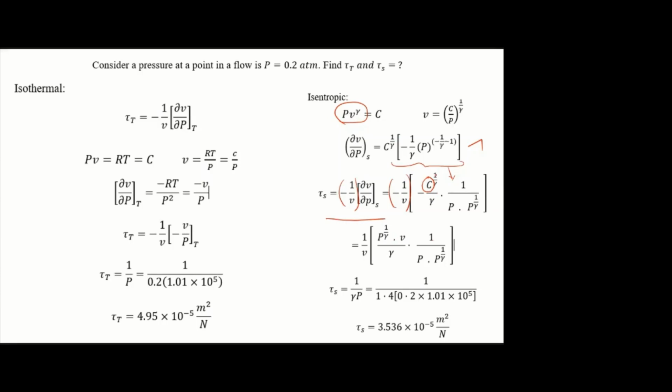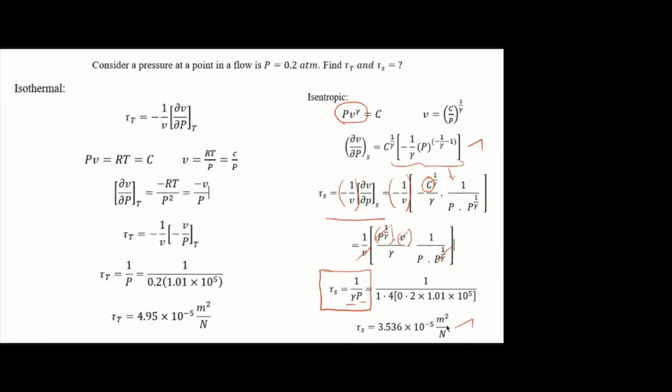So already we have 1 by gamma in the power, so it gets cancelled. So you are getting P power 1 by gamma into V instead of the C. With the normal simplification you are getting tau S is equal to 1 divided by gamma P. So V gets cancelled, and the remaining will be 1 divided by gamma P. We know the gamma value, P is given, so we found the value. Is that clear?